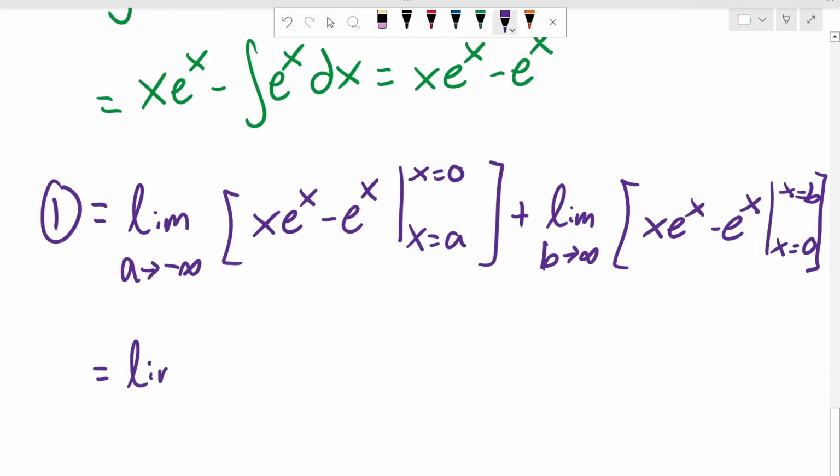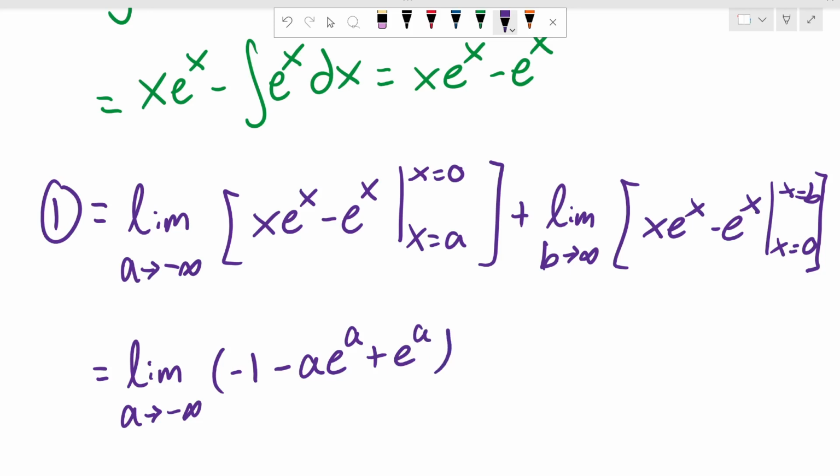So finally here, we can evaluate the bounds. So we'll plug in 0. This first term would just be 0 minus 1. So we'll have minus 1 minus a e to the a plus e to the a. And then we'll deal with the limit in a second here.